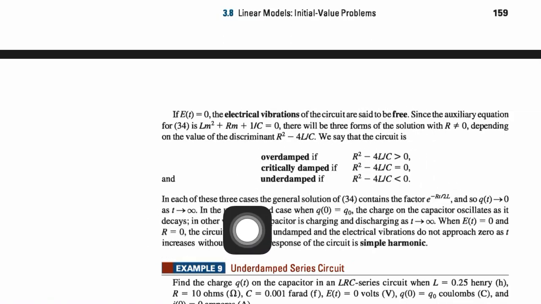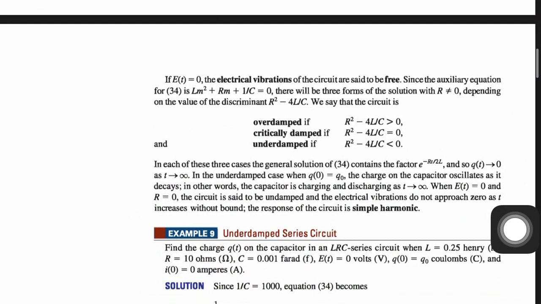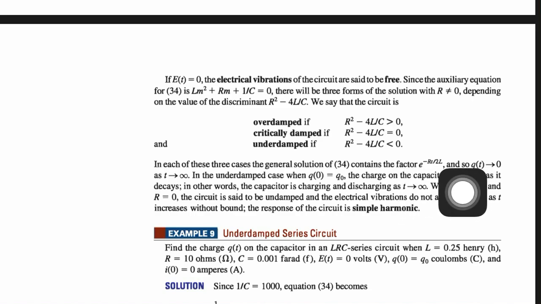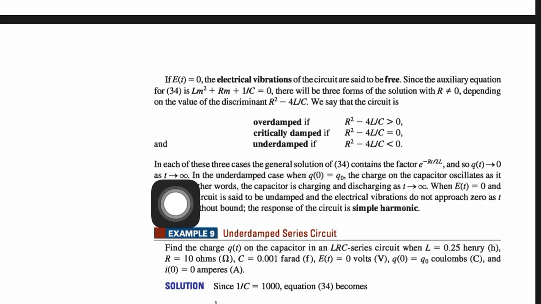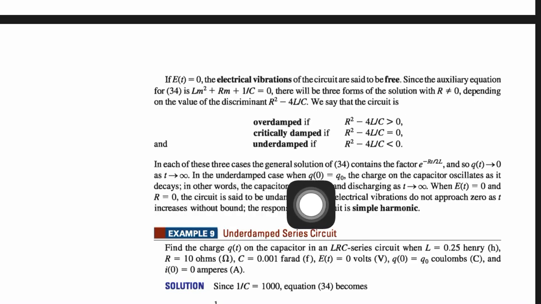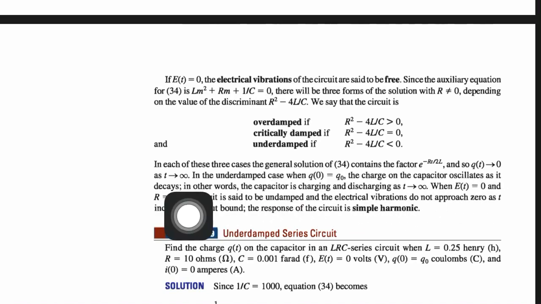In each of these three cases, the general solution of this equation contains the factor e to the power minus Rt over 2L, and so q of t approaches 0 as t approaches infinity. In the underdamped case, when q of 0 equals q naught, the charge on the capacitor oscillates as it decays.